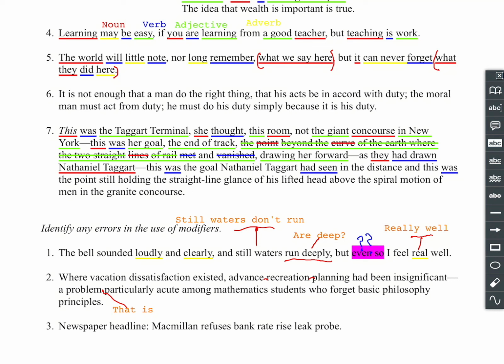Newspaper headline: Macmillan refuses bank rate rise leak probe. Bank rate rise leak probe. So there was a bank rate rise proposal or something like that. And then it was leaked, and then there was a probe about that.